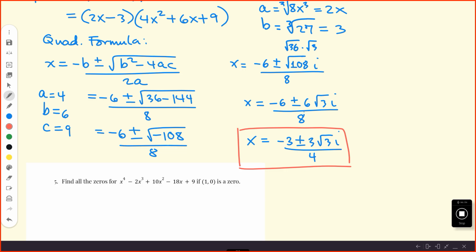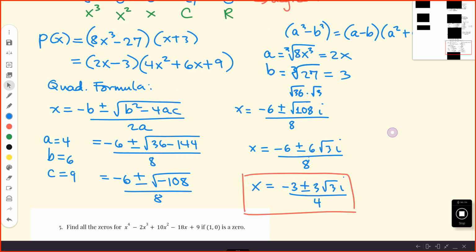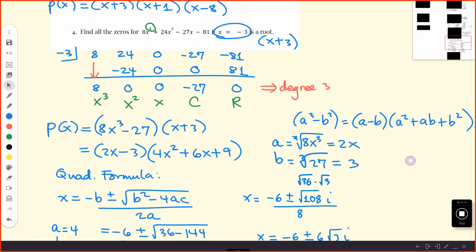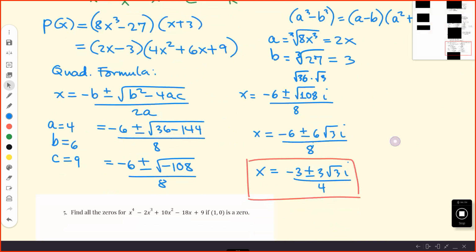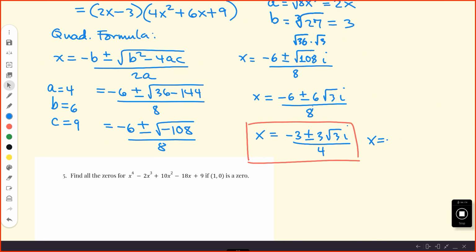Again, we just need the other 2 roots. We know one of them is already x equals negative 3, from the x plus 3 in the original. Then we need one more, and that one is from 2x minus 3.